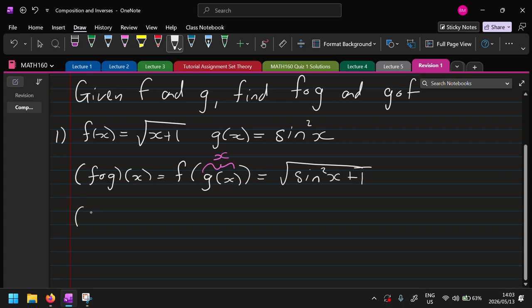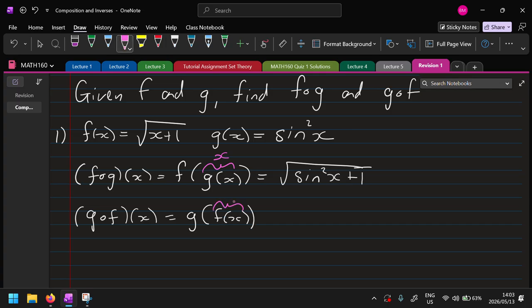Okay, now g of f. So there was x there. So g is sine squared x, and in place of x, we're now putting f.